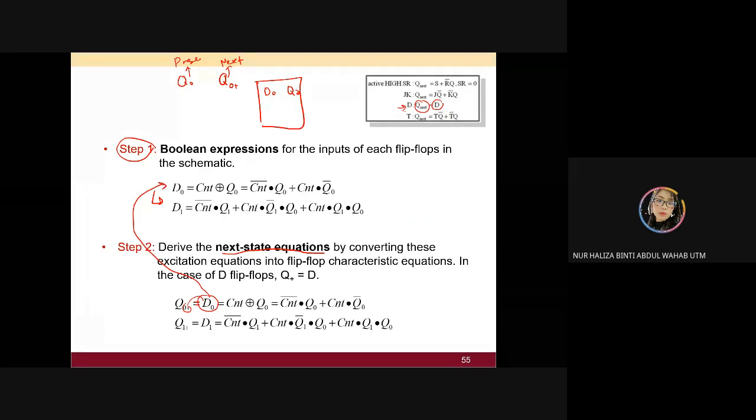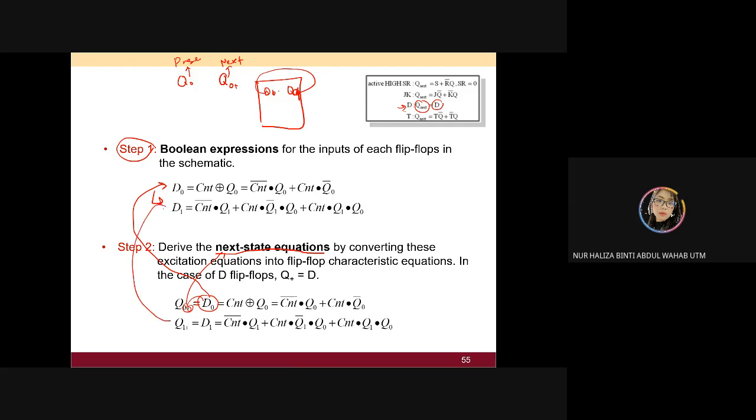So you're going to come up with your Q0 plus, which means the next step equation, the next state equation. Next, still similar. If you have D1, Q1, of course, Q1 plus will be similar to D1, which is here. So you copy paste it back here, putting it into the next equation. Okay, any question for this part?